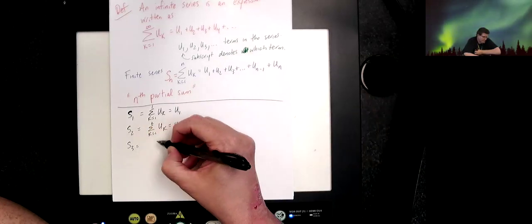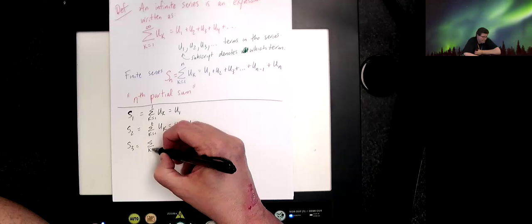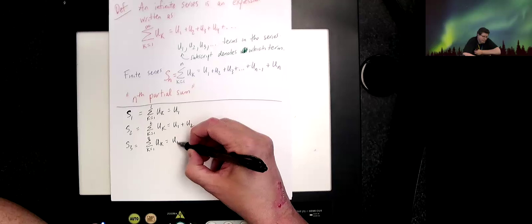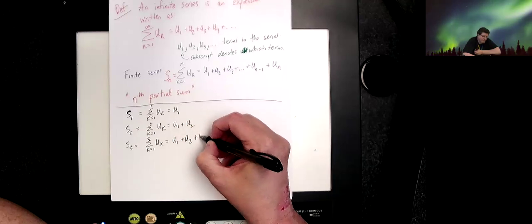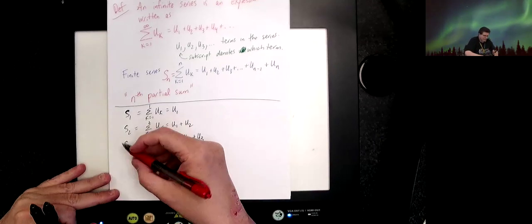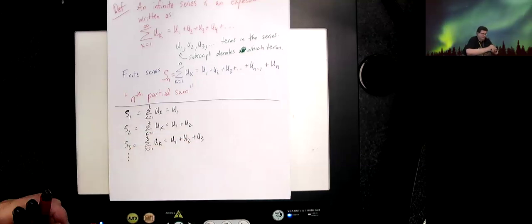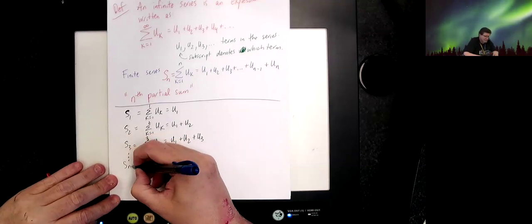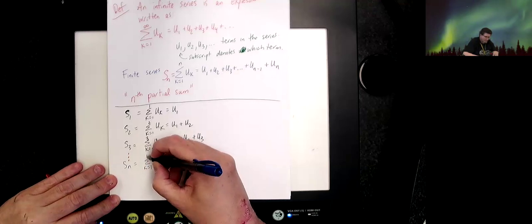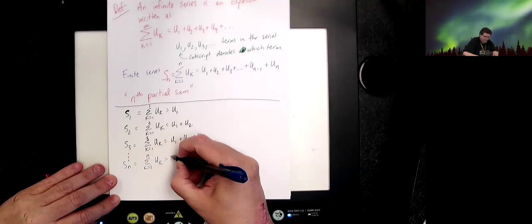S sub 3, guess what we're doing on this one? k equals 1 to 3, u sub k, u1 plus u2 plus u3. And we'll go dot, dot, dot, down to S sub n, k equals 1 to n, as we had above.